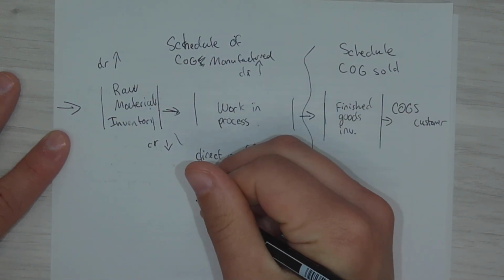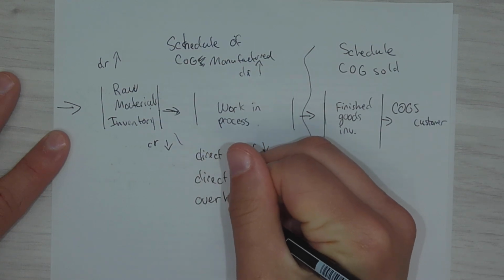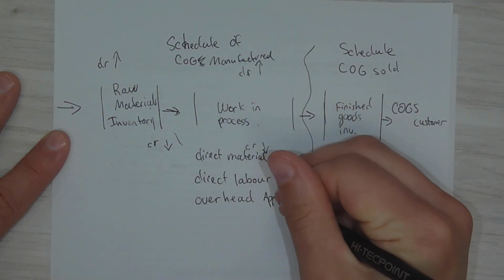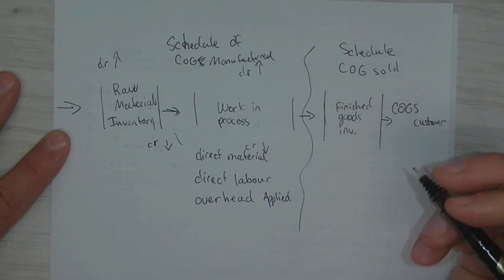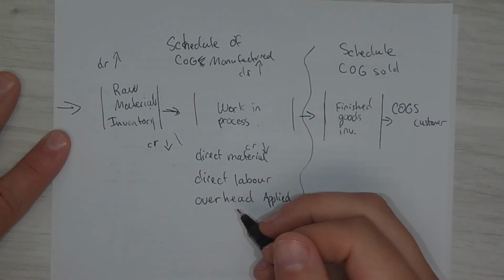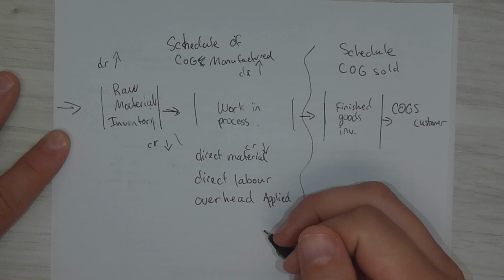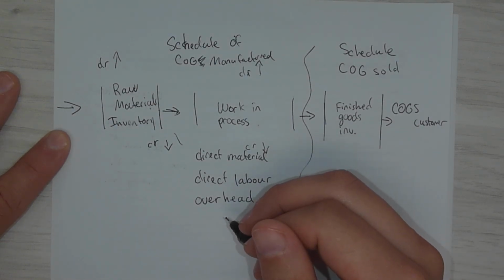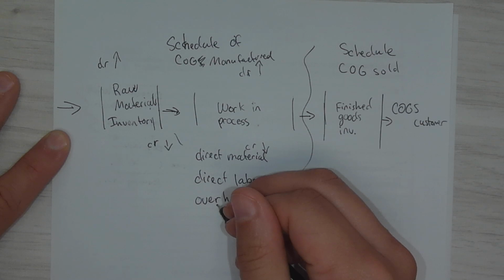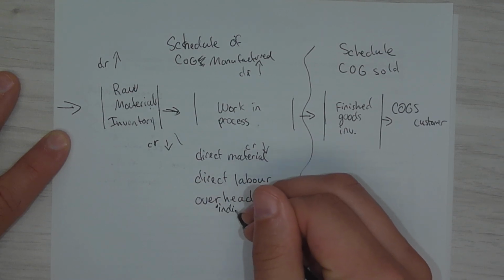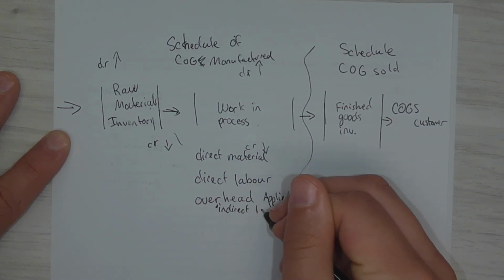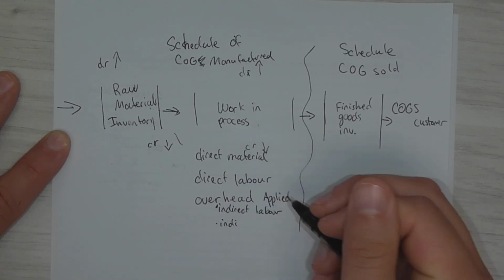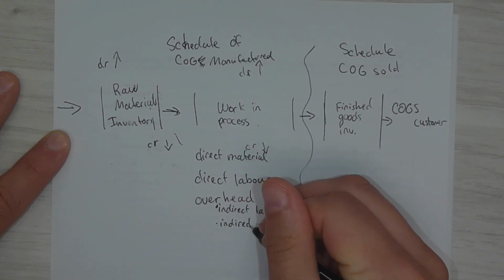And then we're going to have our overhead. Now, overhead will be applied, so we're going to set that up within our applied amount. And we assume that any indirect materials and any indirect labor will go into this overhead that's been applied.